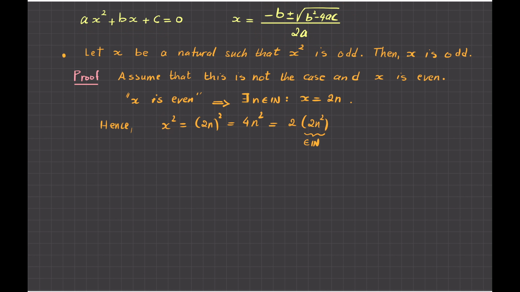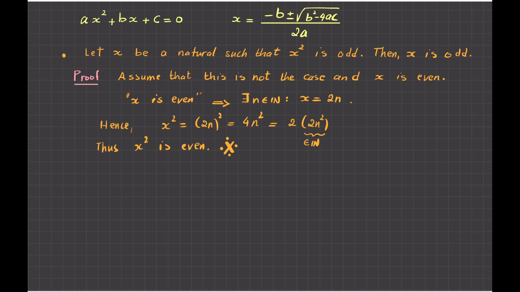Thus x squared is even, not odd. And this is a contradiction, yes? Because you are telling me that x squared is odd. So if you don't agree that x is odd, then you have to agree that x squared is even, in contradiction with what you just said. Okay, so this is proven.